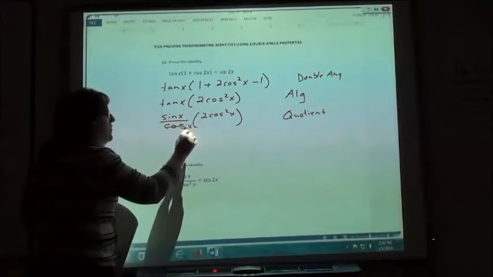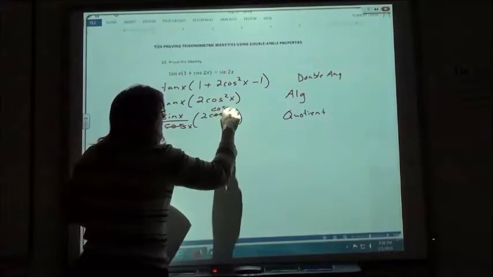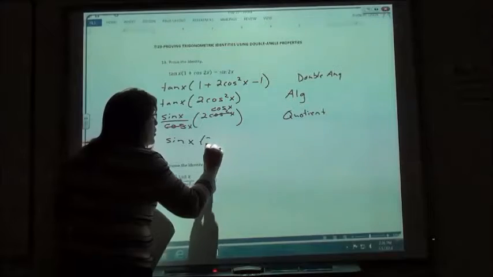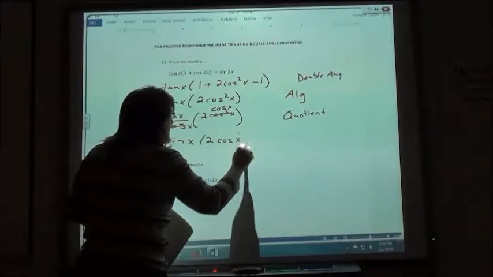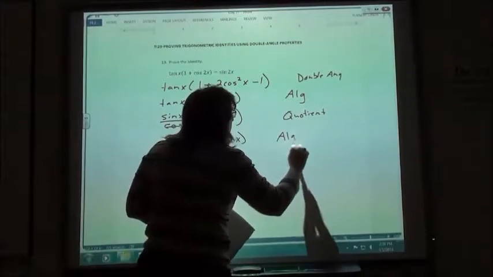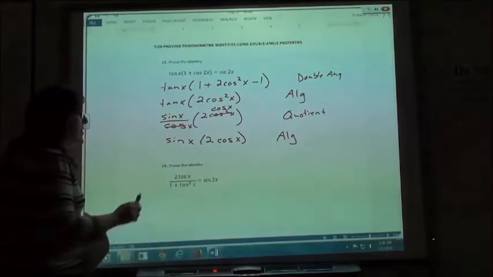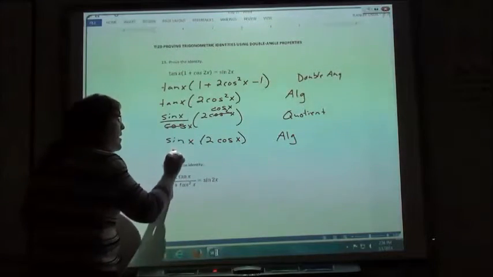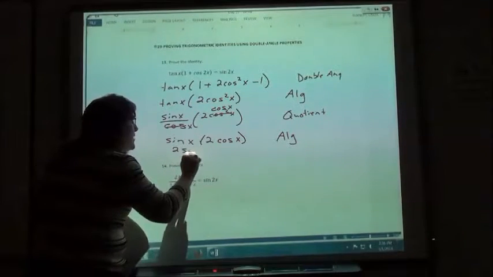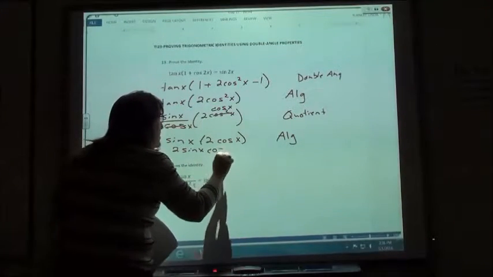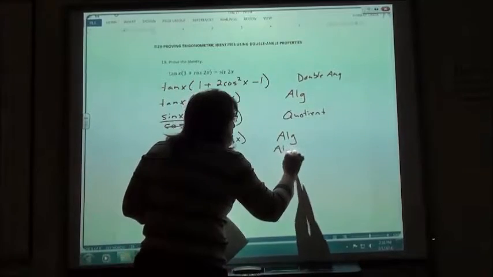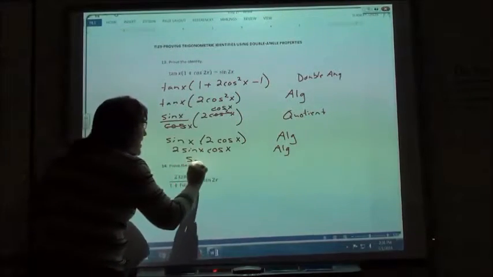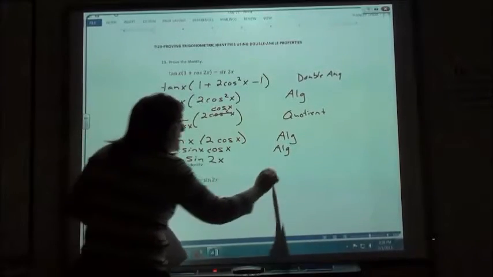So if I take one of them out of there, I'm going to have the sine of x times 2 cosine of x, which was just algebra. I don't think they even would make me do this, but I'm going to do it anyway. 2 sine of x cosine of x, again, is just algebra, and now it looks exactly like my double angle identity for sine of 2x.